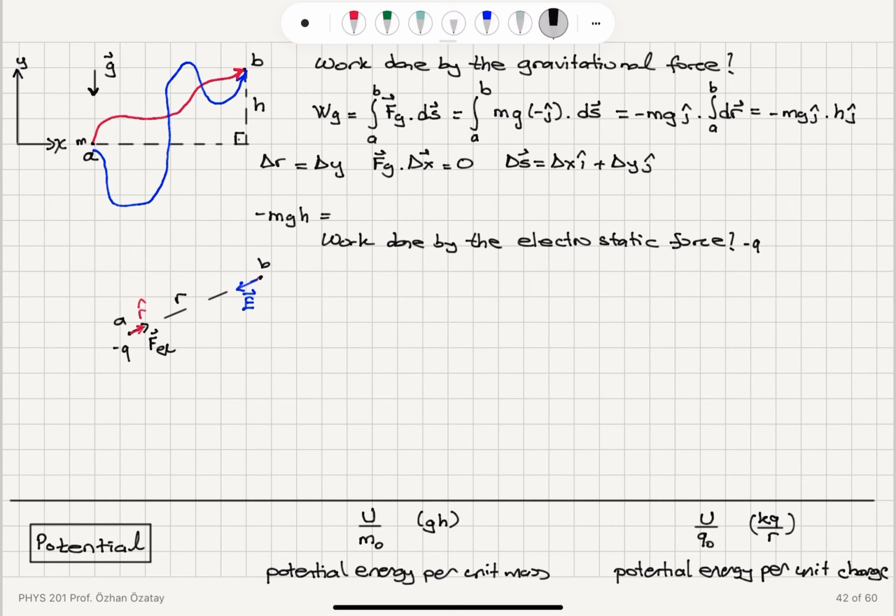So this is QE in the r hat direction. Now, what is the work done by the electric field?